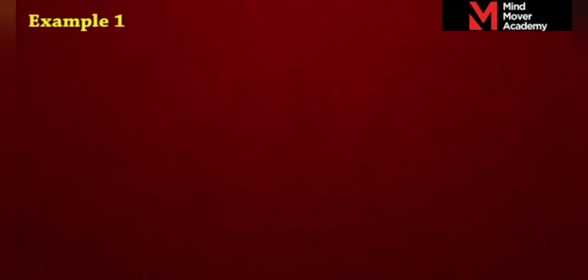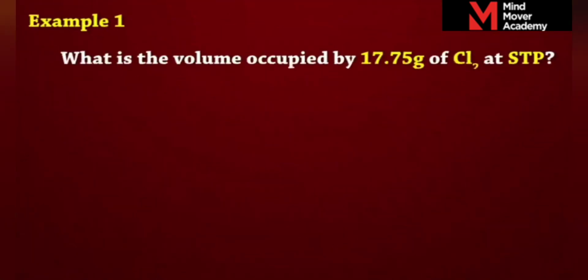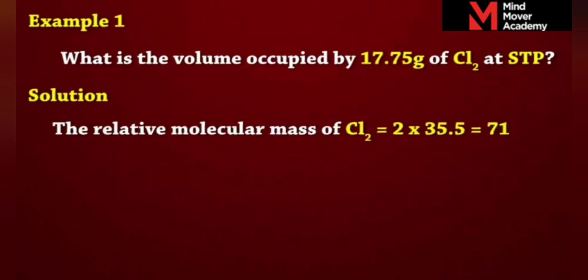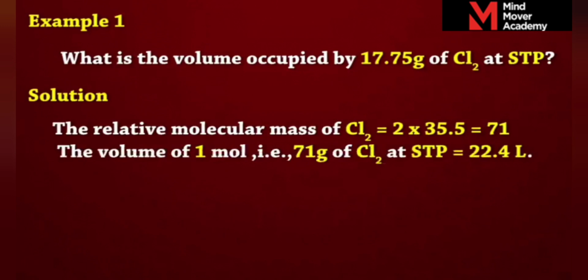Example 1. What is the volume occupied by 17.75 gram of Cl2 at STP? Let's solve this. The relative molecular mass of Cl2 is equal to 2 into 35.5 is equal to 71. The volume of 1 mole, that is 71 gram of Cl2 at STP, is equal to 22.4 liter.